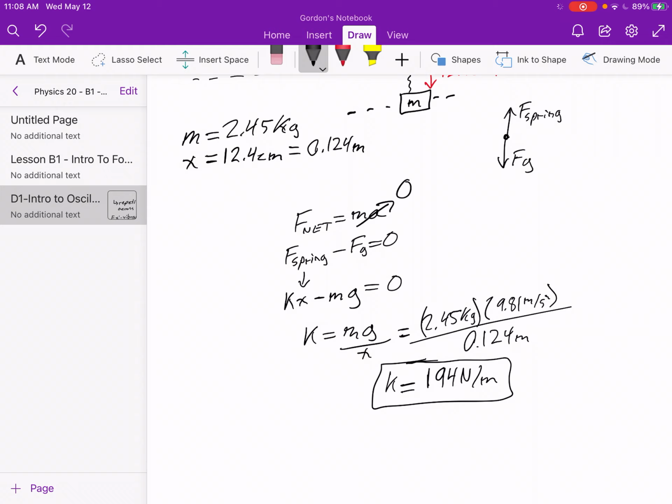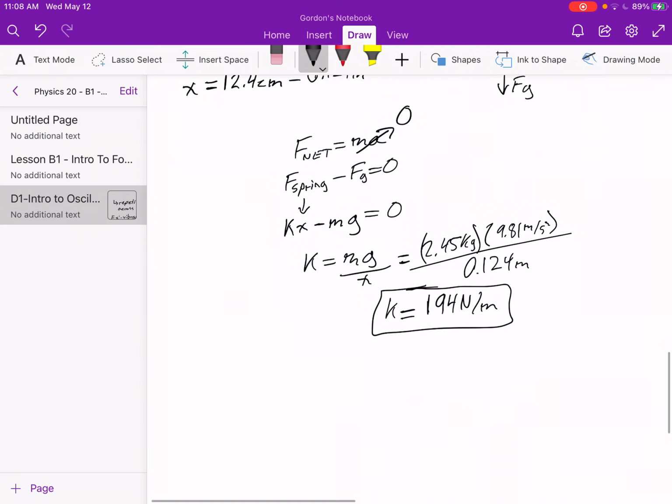So if we had a spring that had stretched further, well, our k value would be smaller. If we had a k value that was bigger, then the spring would stretch less. So hopefully that makes sense.